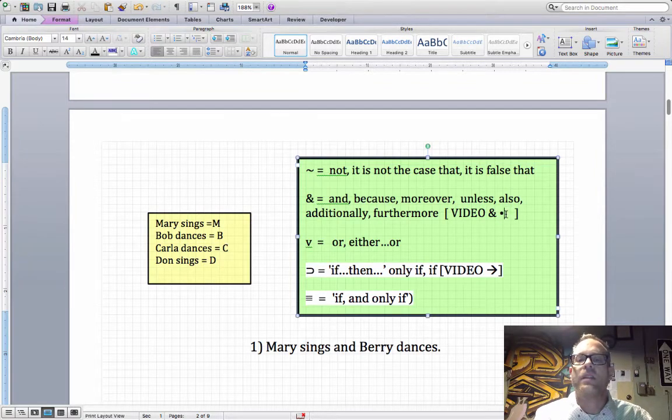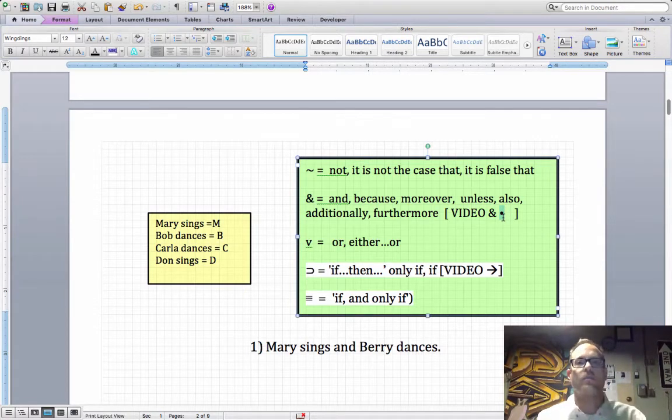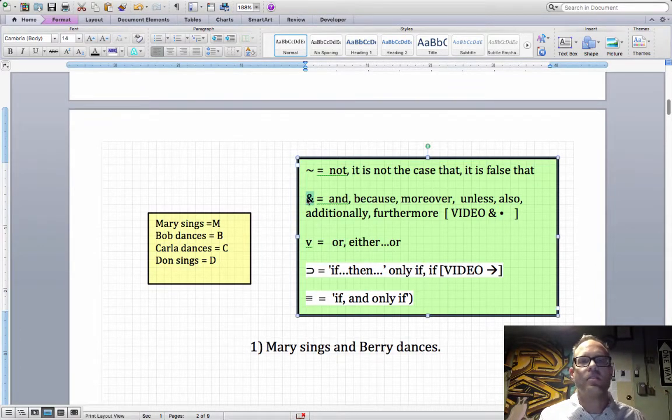The book uses the symbol dot for conjunction. So we think of John fought the law and the law won. That word and we would represent as a dot. But here in this video, I use the ampersand because it's easier on my keyboard, and when I try to customize this, it doesn't really work well. So for purposes of this video, the dot and the ampersand both represent the logical function conjunction.